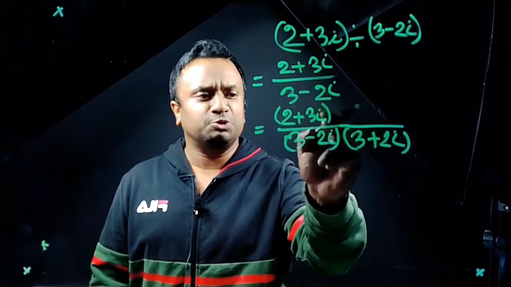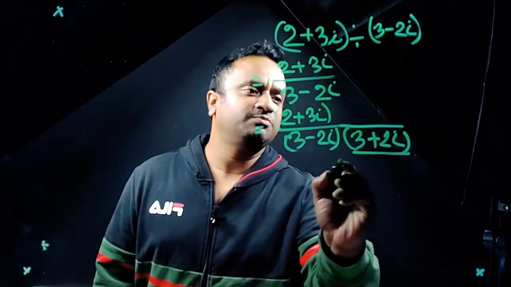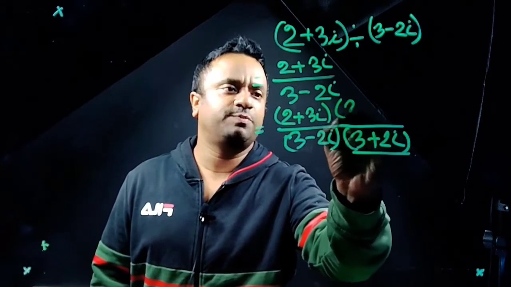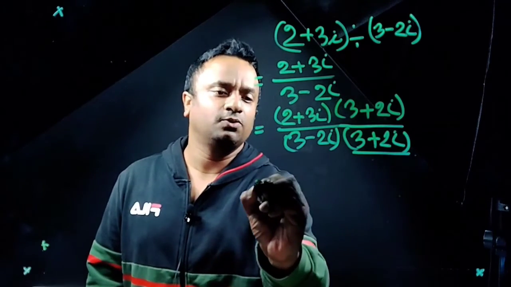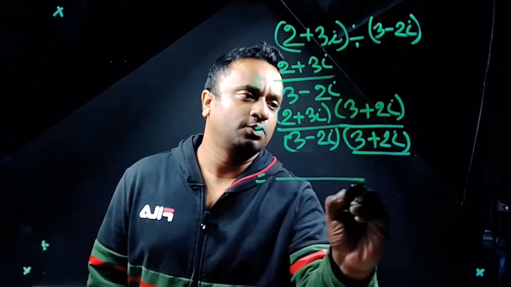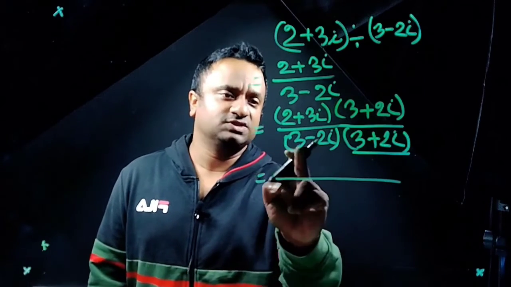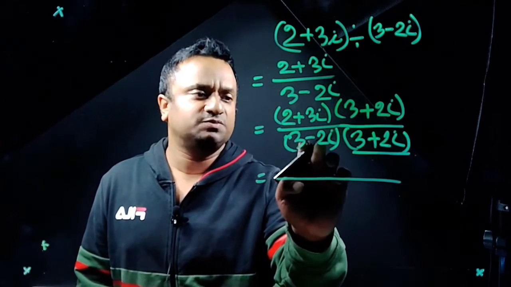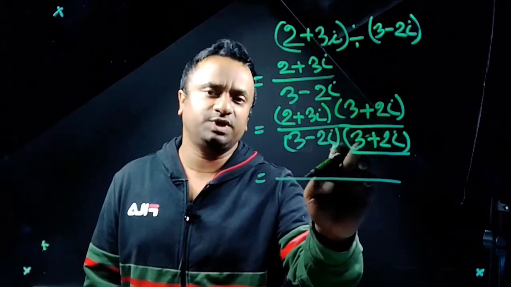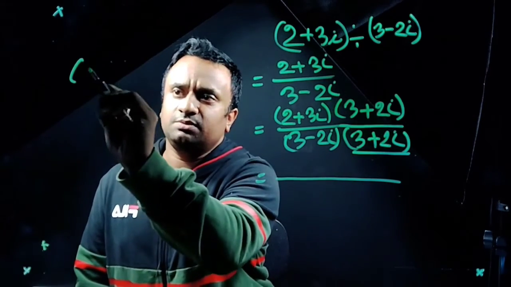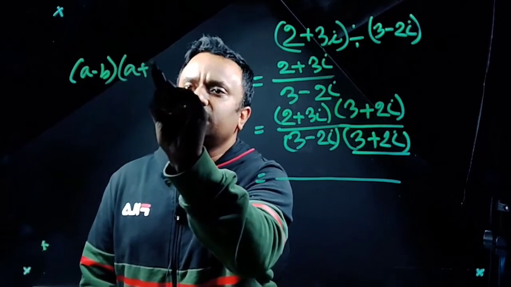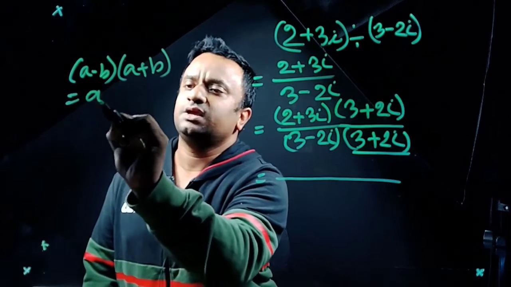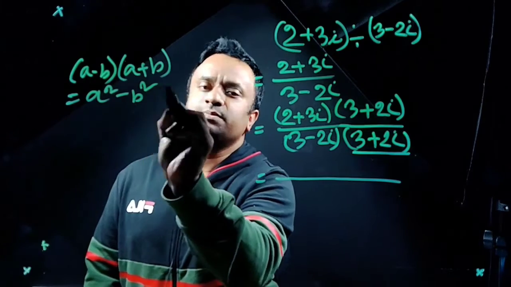So now multiply the numerator with this same complex number, that is 3 plus 2i. Now what does the numerator become? See, the denominator is in the form a minus b multiplied by a plus b, which equals a square minus b square.